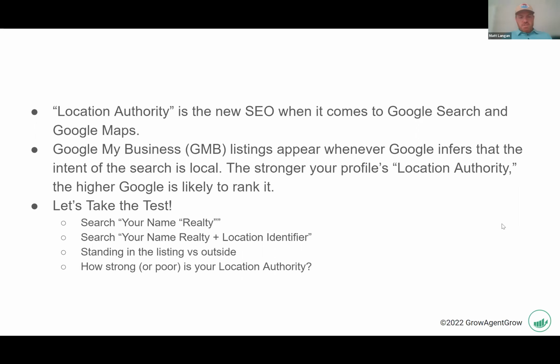Essentially, what we're trying to do with this test is determine where we stand right now. Do we have some improvement to do? What's showing up when we perform this personal test? If we don't have a Google My Business page showing up for a personalized search like that, then we need to get something set up.